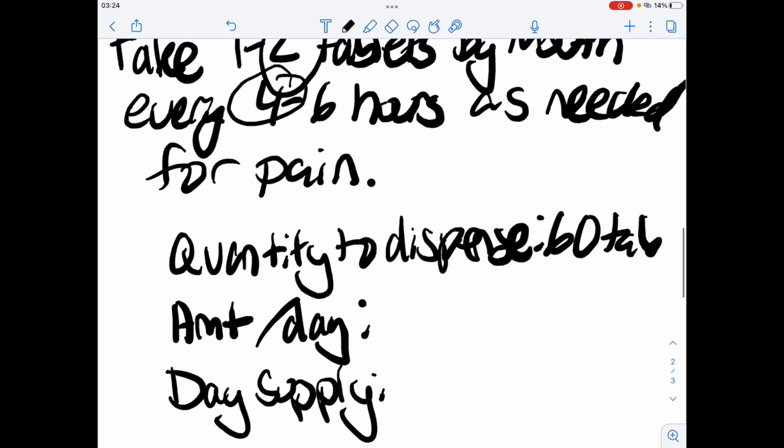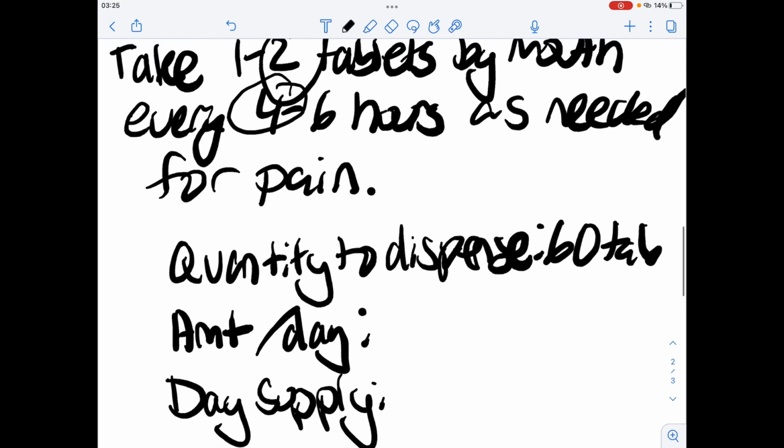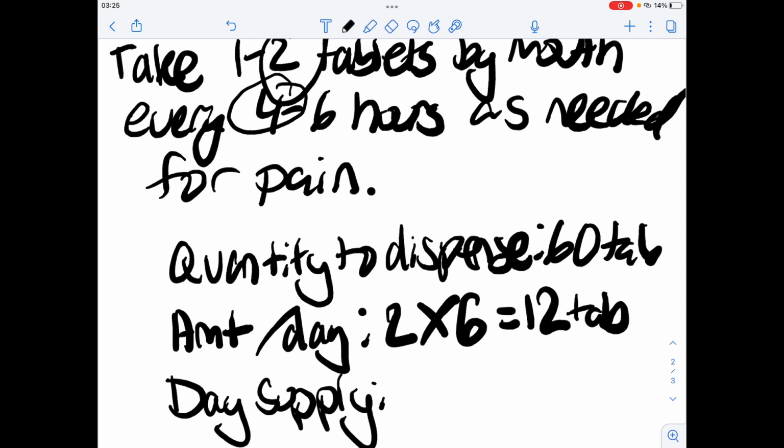So 2 tablets would be our dose. If you're taking something every 4 hours, you're going to take it 6 times a day. So though it's every 4 hours, we would actually multiply this by 6 because that's 6 times a day, equals 12. So the max that we could take per day, given the doctor's orders, would be 12 tablets per day.